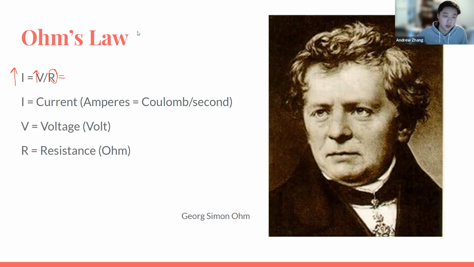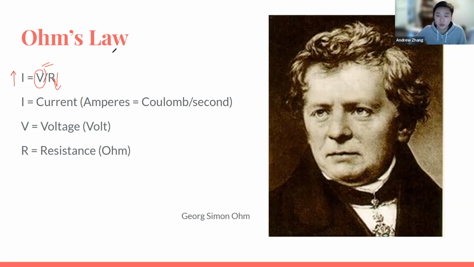Similarly, let's say I decrease the resistance while keeping the voltage the same. Since it's V over R, decreasing the denominator means V won't change, but there's less to impede a river flowing down, so it'll be easier for it to flow. That means the current will increase. So from this equation, we can see that indeed current does increase.